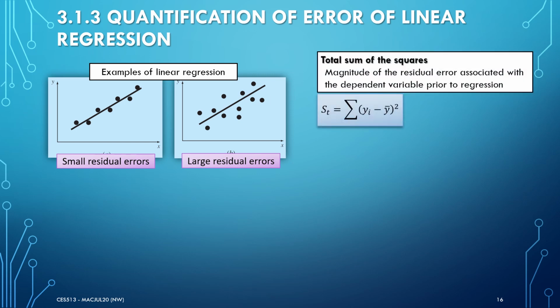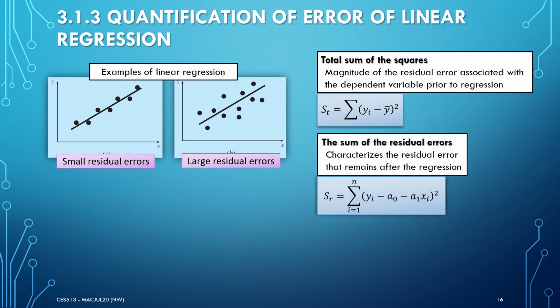To do this, we return to the original data and determine the total sum of the squares ST around the mean for the dependent variable, so in our case is y. This is the magnitude of the residual error associated with the dependent variable prior to regression. After performing the regression, we can compute SR, which is the sum of the squares of the residuals around the regression line. This characterizes the residual error that remains after the regression.